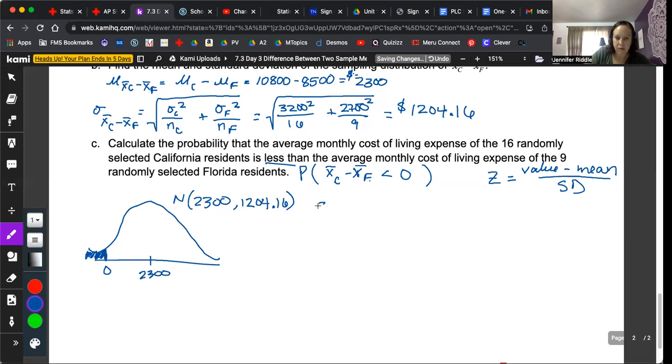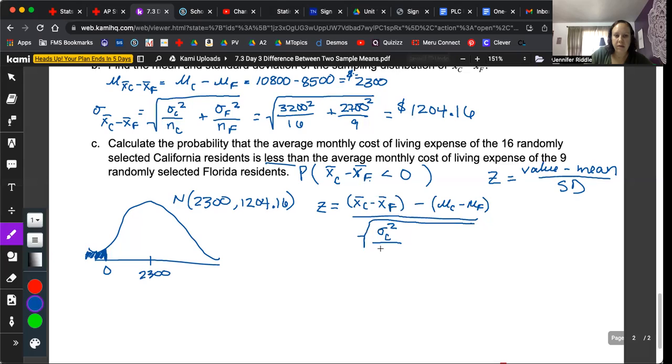Even though this formula looks gross, X bar C minus X bar F is still just the value that we're interested in, minus the mean of California minus the mean of Florida, divided by the standard deviation, which we just did up above: the square root of the standard deviation of California squared divided by the sample size of California plus the standard deviation of Florida squared divided by the sample size of Florida.